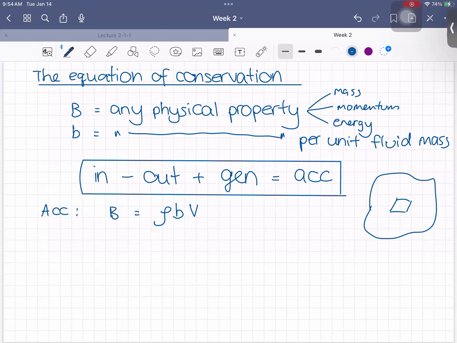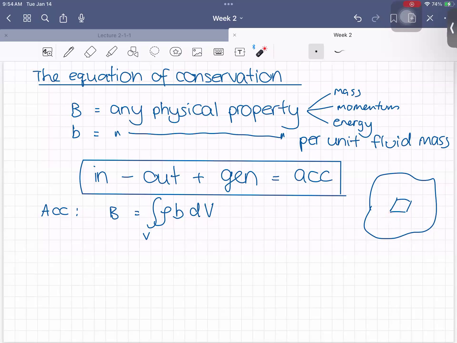Capital V here is the volume, so B is equal to the density times small b dV. If I integrate it, it's going to include all of the system.